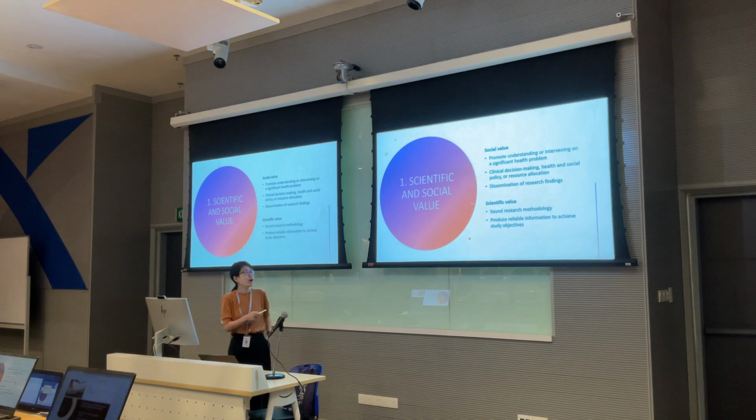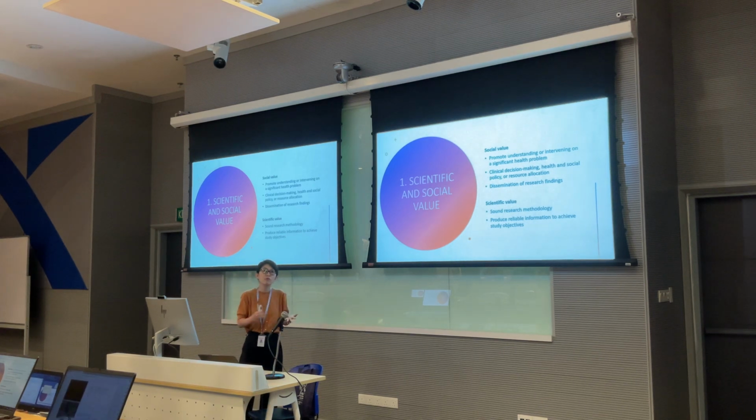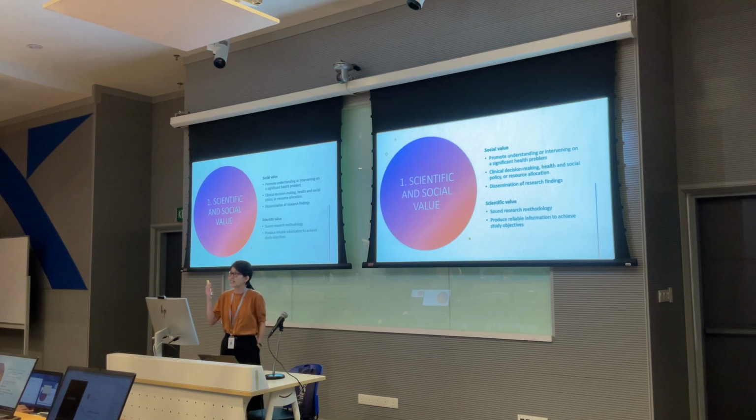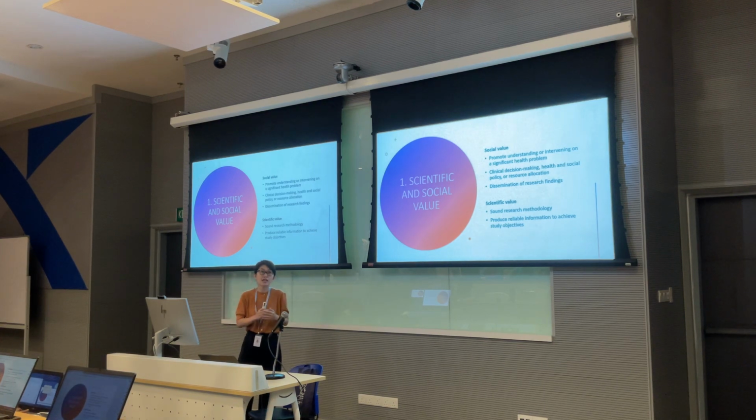That's why if you have performed a research study, normally we will do some publication to share. Even though your result is negative or you fail in the experiment, we share the knowledge so that society will know what is happening, and this also contributes to high social value.